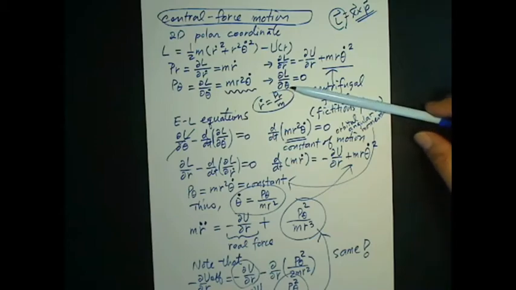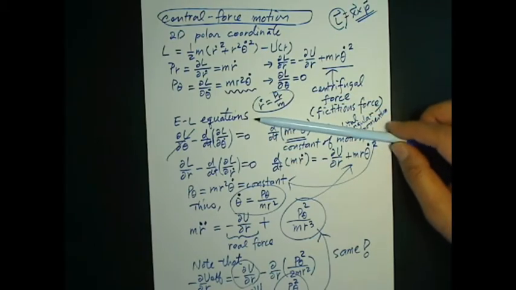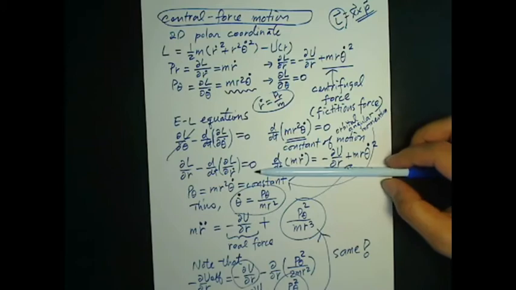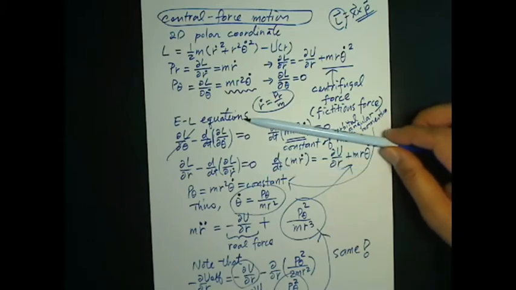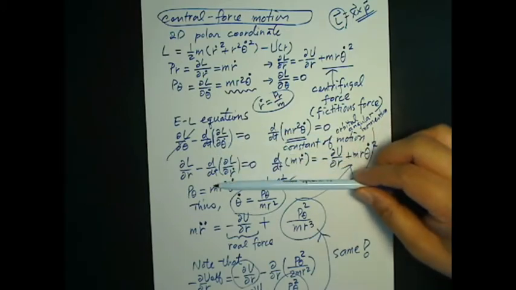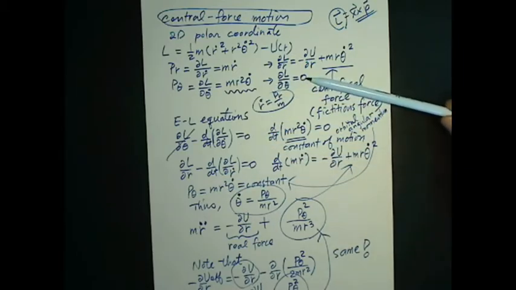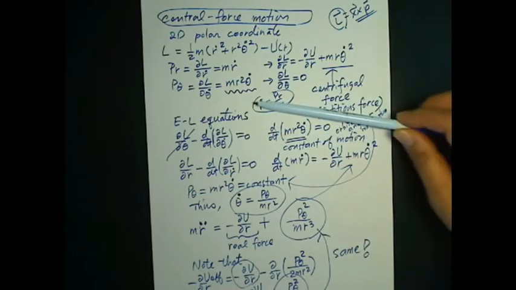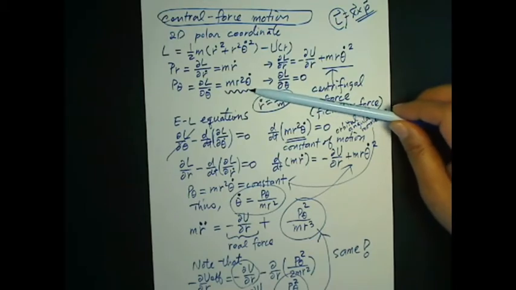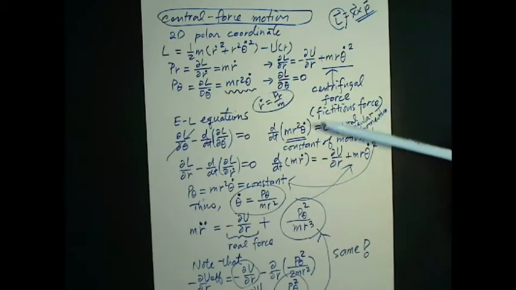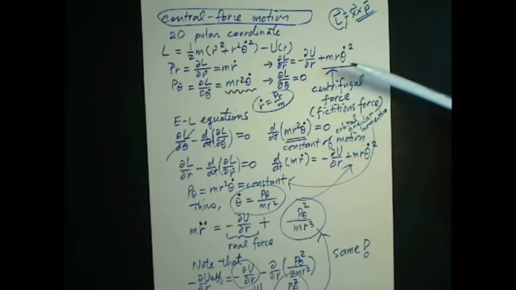Alright, so we construct the Euler-Lagrange equation for this system. The Euler-Lagrange equation for theta and r are given in here. As we know, the theta is a cyclic coordinate. The conjugate momentum, that is orbital angular momentum on that plane, is conserved, is constant.